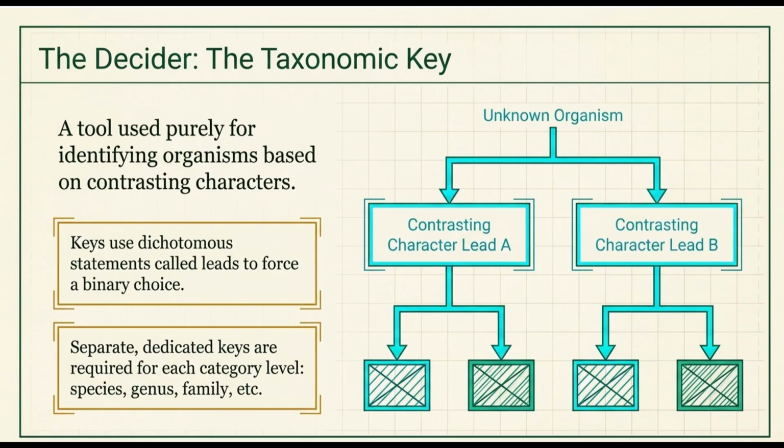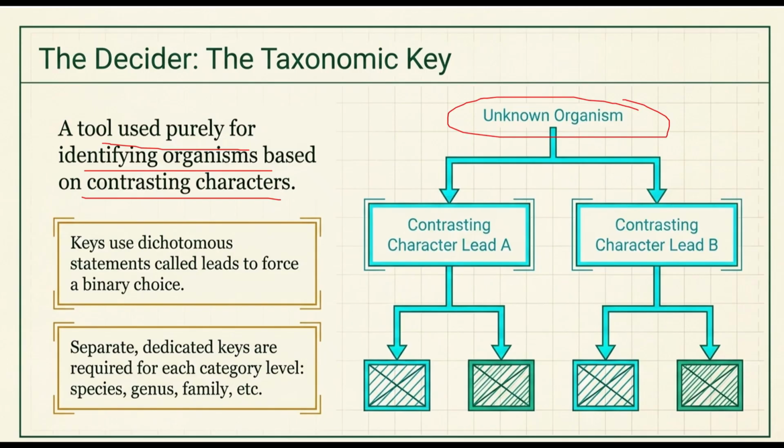So now let's see the taxonomic key. So a taxonomic key is an identification tool based on contrasting characteristics. It helps scientists identify organisms step by step. Each statement in this key is called a lead. So it is a tool used purely for identifying organisms based on contrasting characters, right? So we'll have an unknown organism.